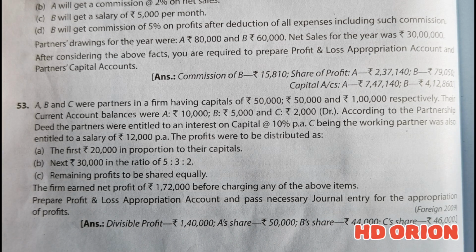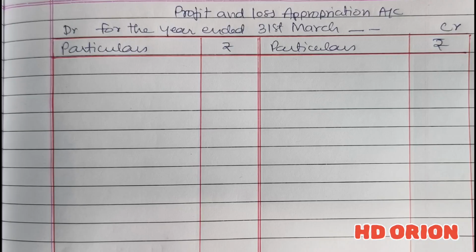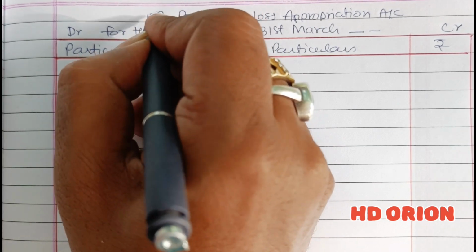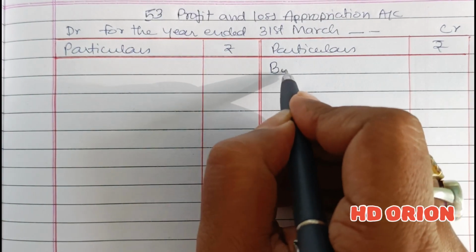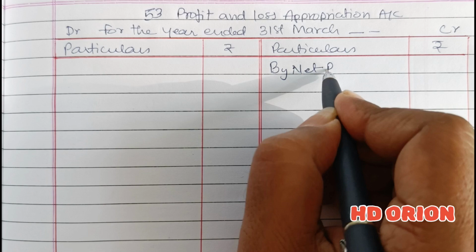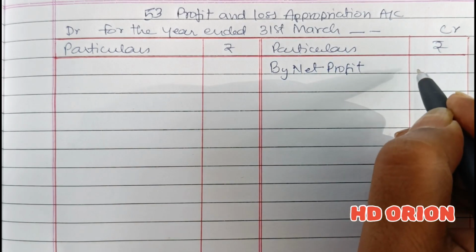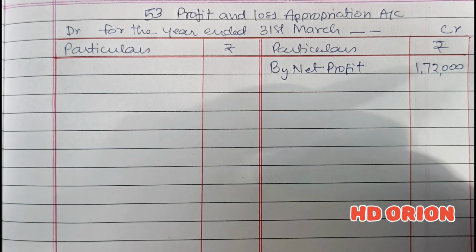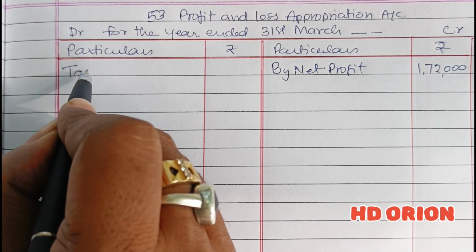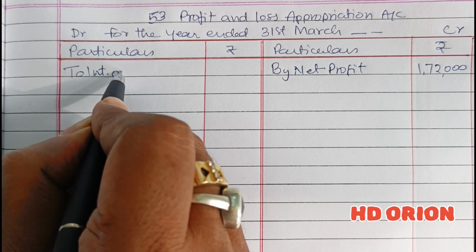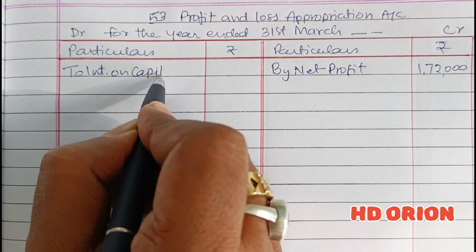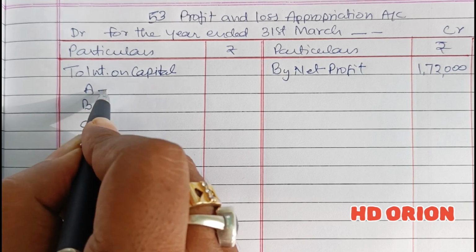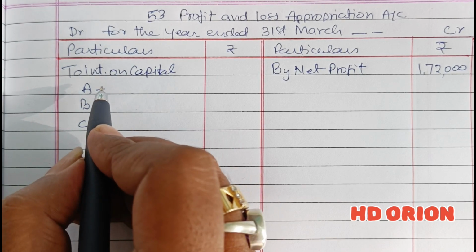So let us see the solution. Solution 53: we will see the profit and loss appropriation account. By net profit, as given in the question, it is 1,72,000. Now, appropriation of profit in the form of interest on capital for partners A, B and C at 10%.